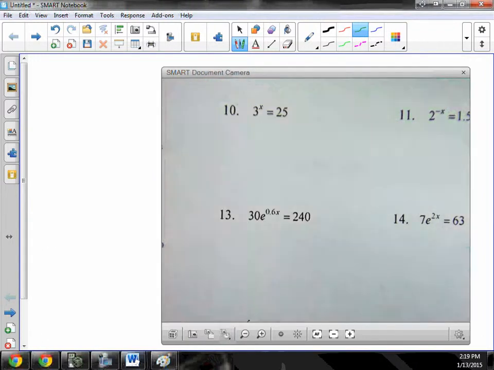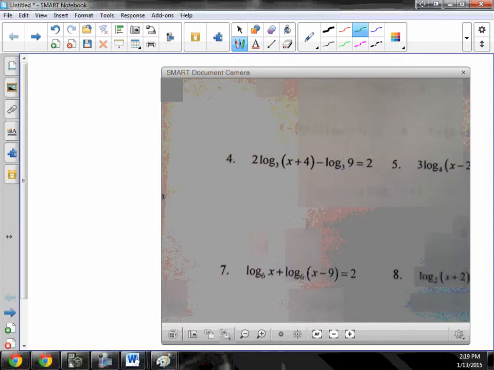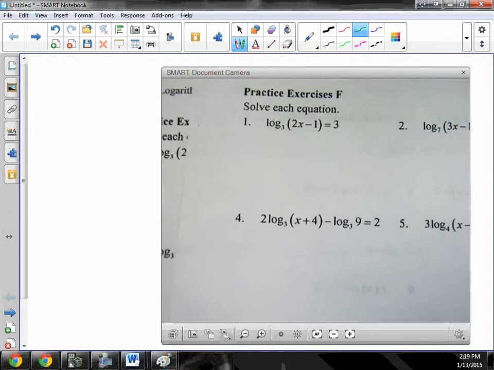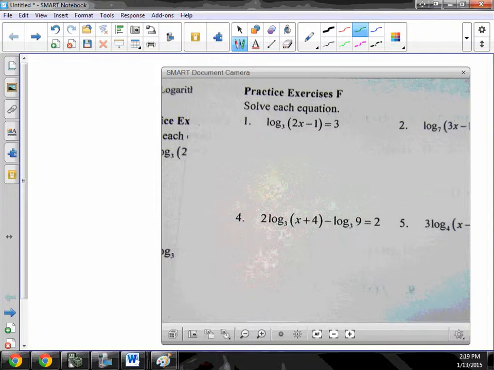Okay. Look at number 1. What would you do to solve number 1? Does the product rule apply? No, because we don't have the log of some product.